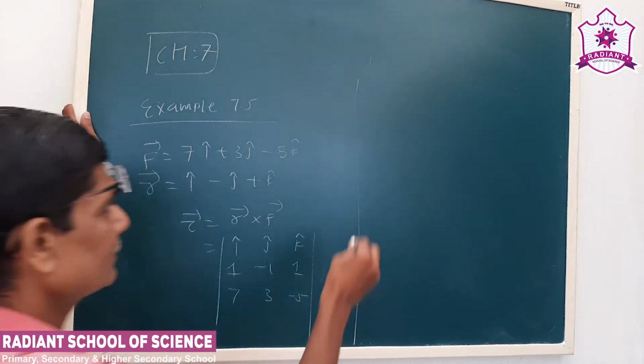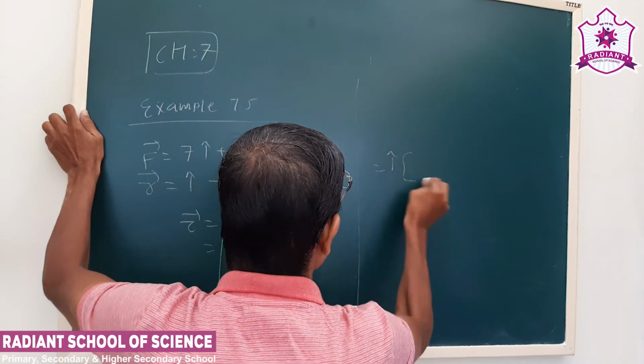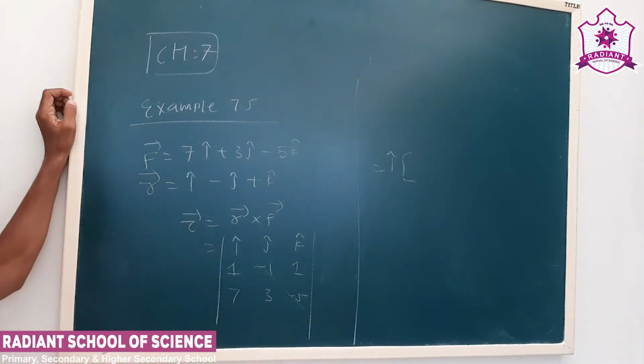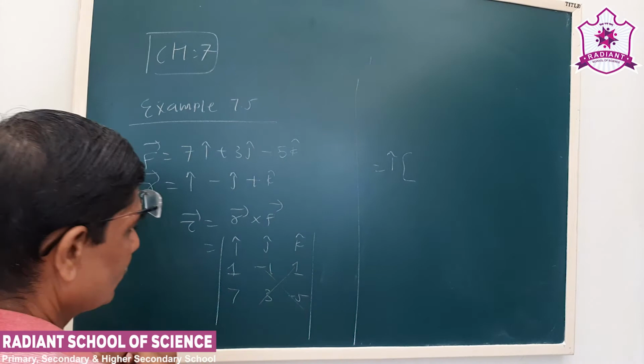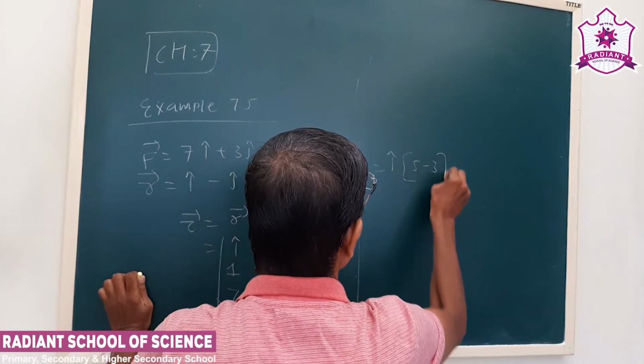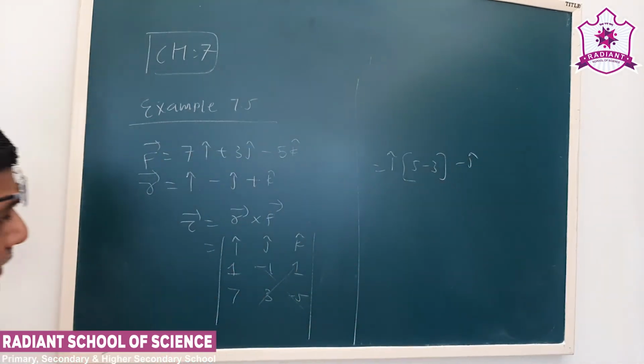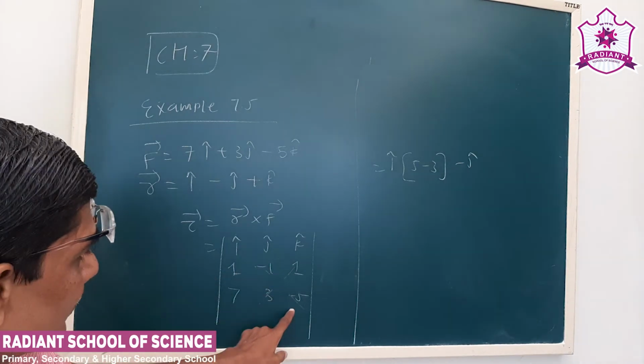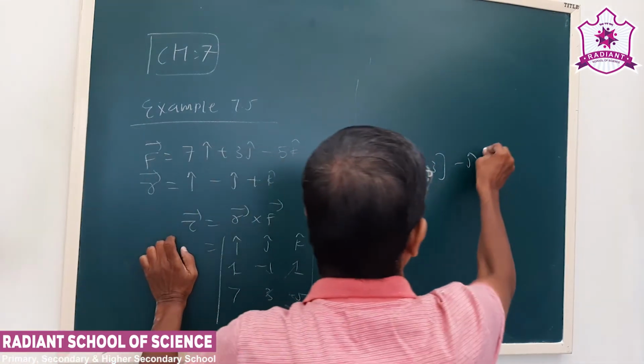Now if we simplify I caret, the right diagonal minus left diagonal. So minus 5 into minus 1 is 5, minus 3. So it will be 5 minus 3. Minus J caret. Again we have to consider right diagonal, minus 5 minus 7.